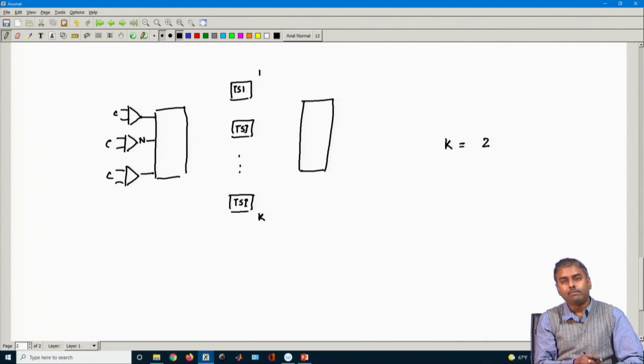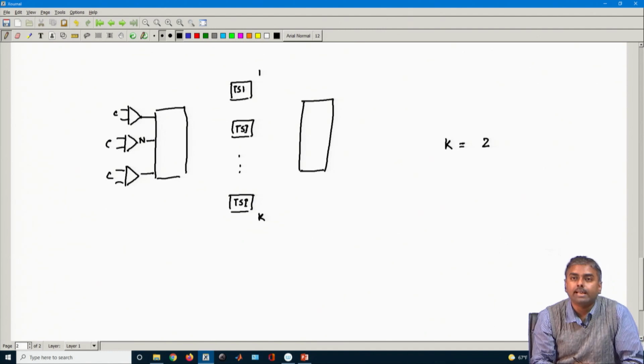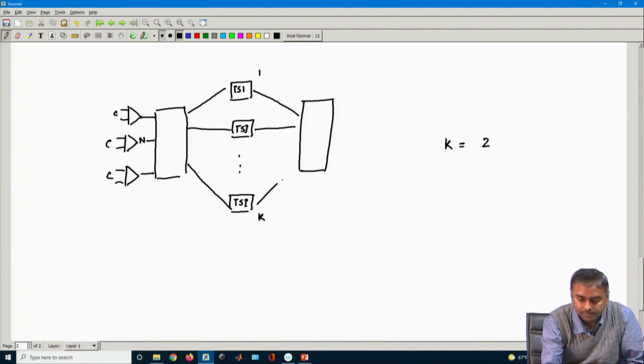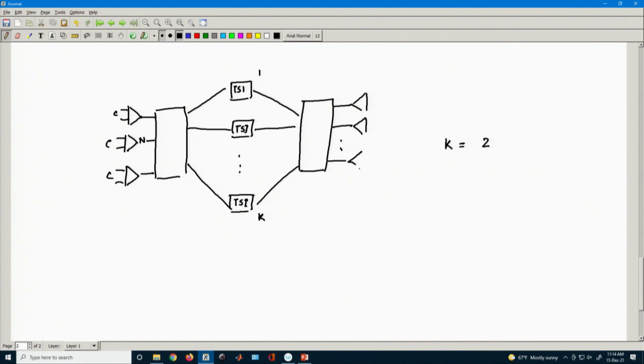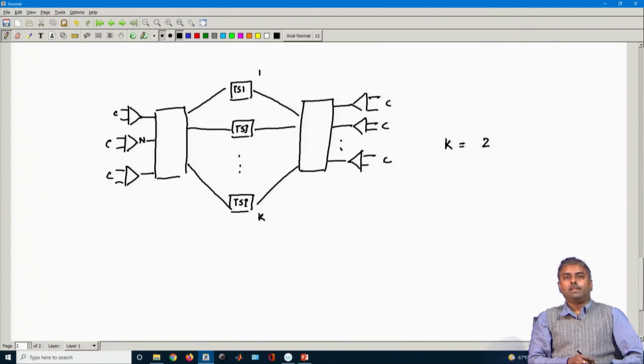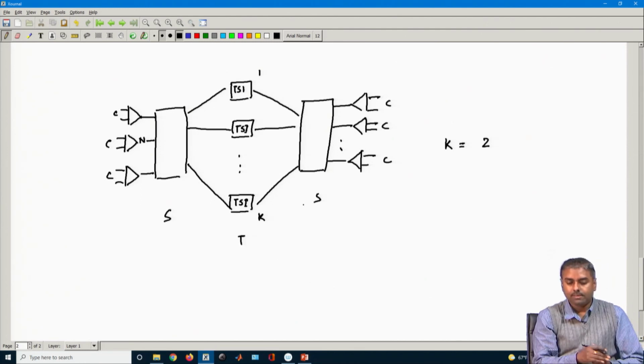So, this is something we will be able to prove again if you wish to do a strictly non-blocking switch, because these middle stages are getting shared. So, you can do this kind of space switching. That is STS switching, you can always do that.